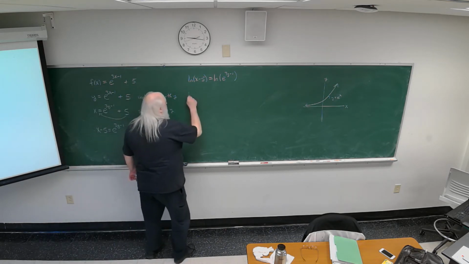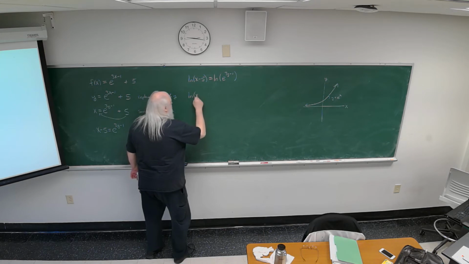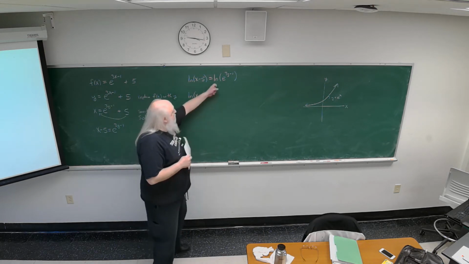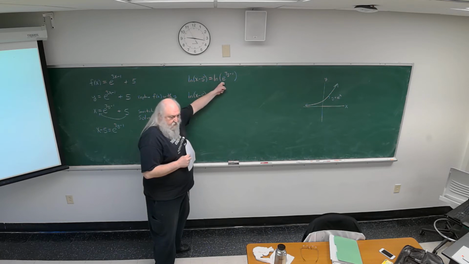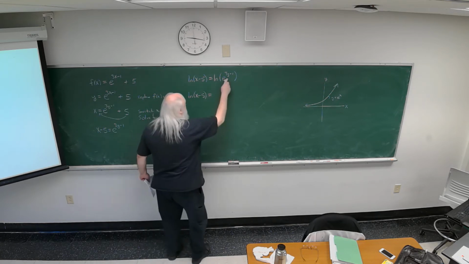So on the left, we have the natural log of x minus 5. But on the right-hand side, right, the natural log function and the natural exponential function are inverse functions of each other. Right? So they cancel, and we're left with 3y minus 1, the exponent of 3y minus 1.